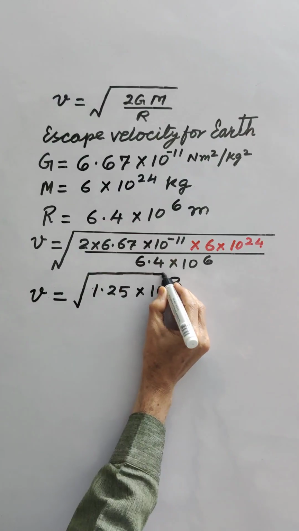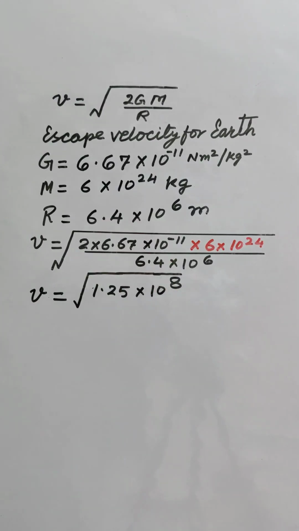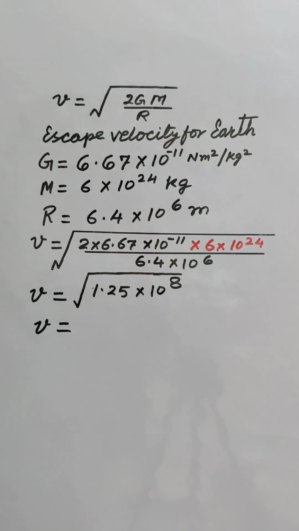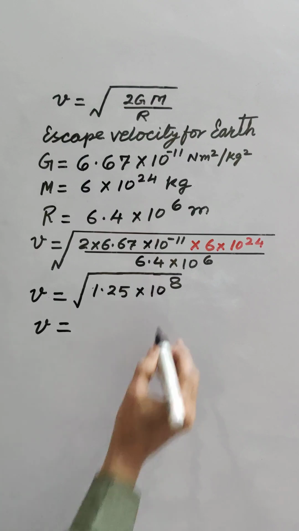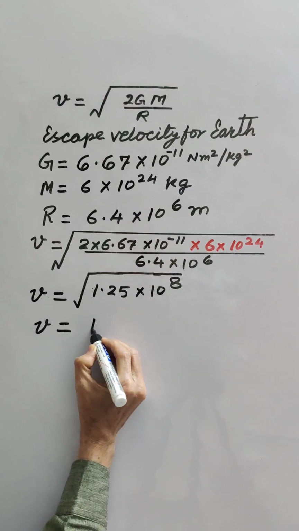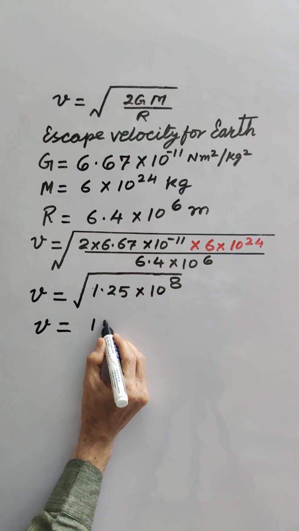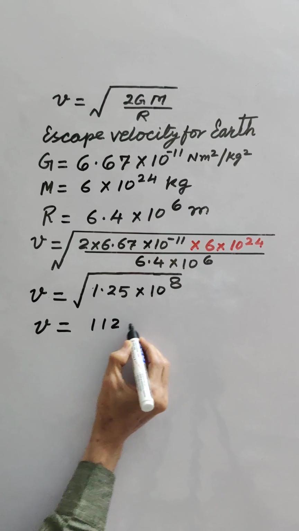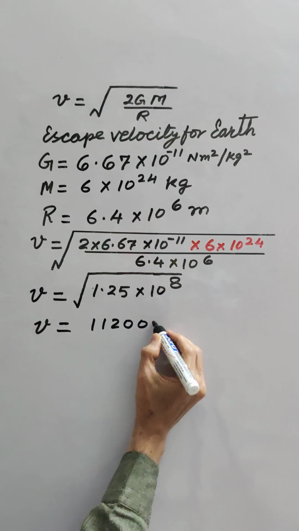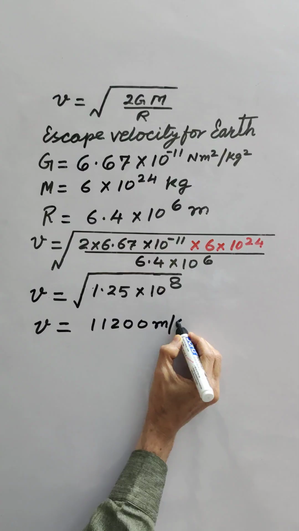Taking the square root of 1.25, and the square root of 10 to the power 8 is 10 to the power 4. This will be 11200 meter per second.